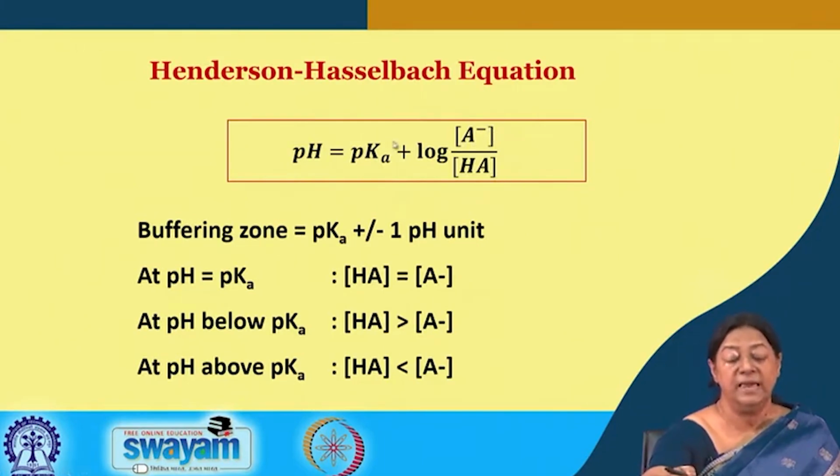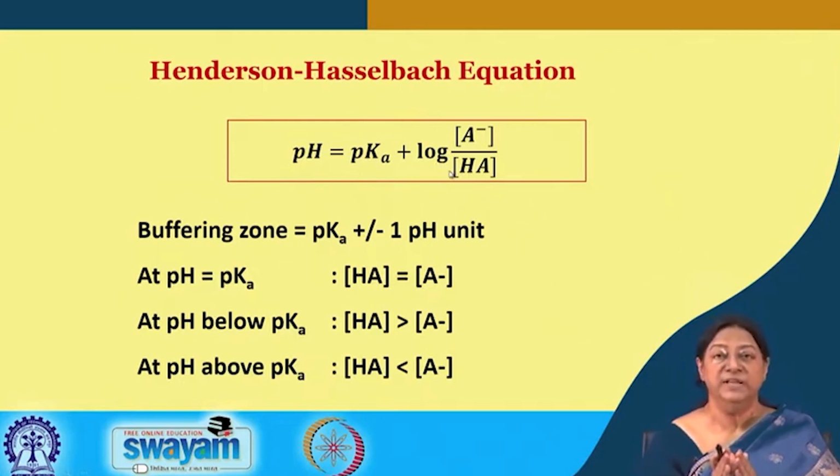So, pKa plus log 1 by 9, making this a negative quantity, which makes it approximately pKa minus 1. If we consider that there is 90% dissociation, meaning that A minus is 90 and HA is 10, we have a ratio of log 90 by 10, meaning around log 9. Then this means this is around pKa plus 1.